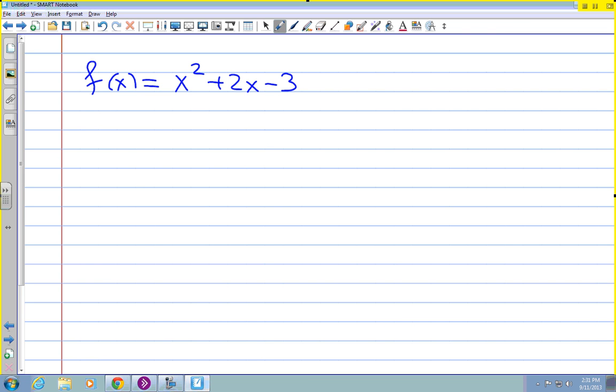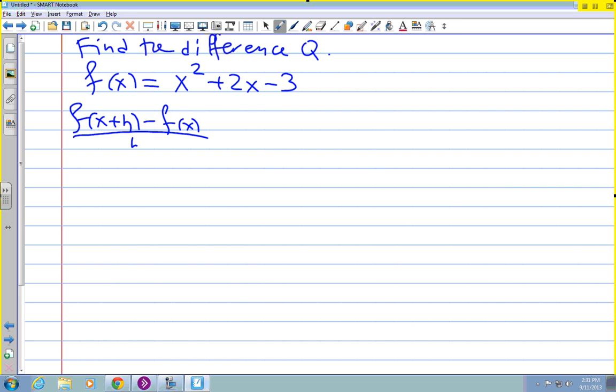So here's a function. And again, I want to find the difference quotient. So that's the general expression. So again, 3 parts. First part is f of x plus h.